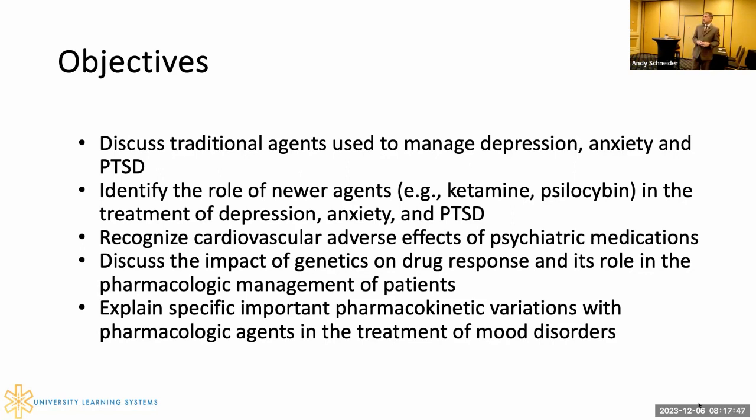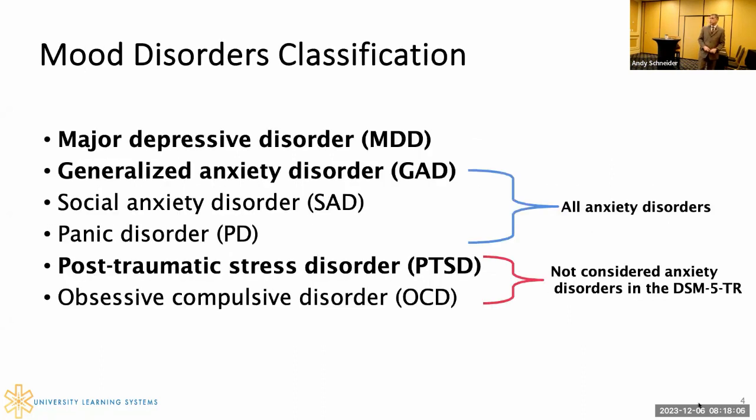One of the things people have been asking more about is the cardiovascular adverse effects. We'll take a closer look at genetics, and then talk a little more about some of the kinetic variations that people have been asking questions about.